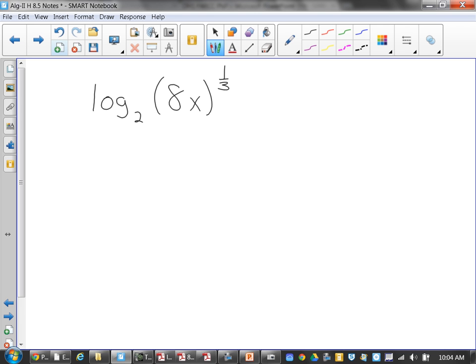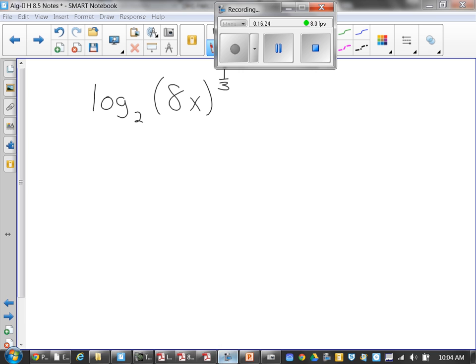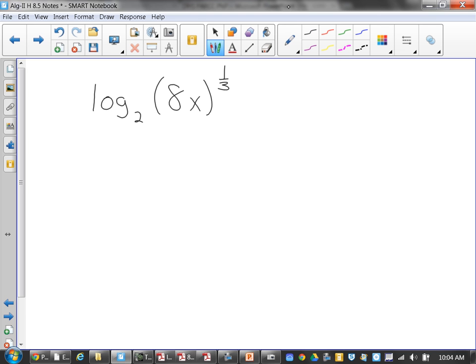This might be the one time. If you're looking at this problem, as we walk through this one, this one's tricky. Since the 1/3 applies to both values within the parentheses, when you go to rewrite it out, put the 1/3 out front first. Throw your brackets and then simplify out. You get log base 2 of 8 plus log base 2 of x.